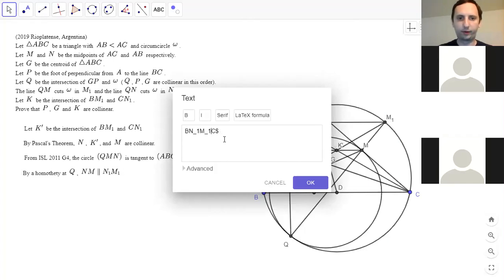So I'll read it once I finish typing this up. But that means that KD prime is perpendicular to BC by symmetry.